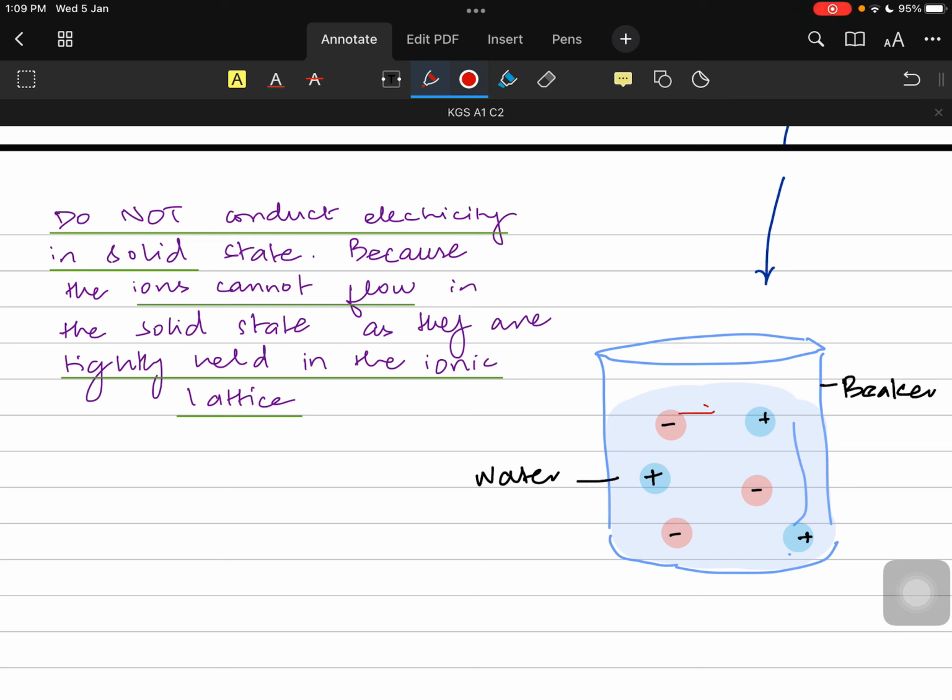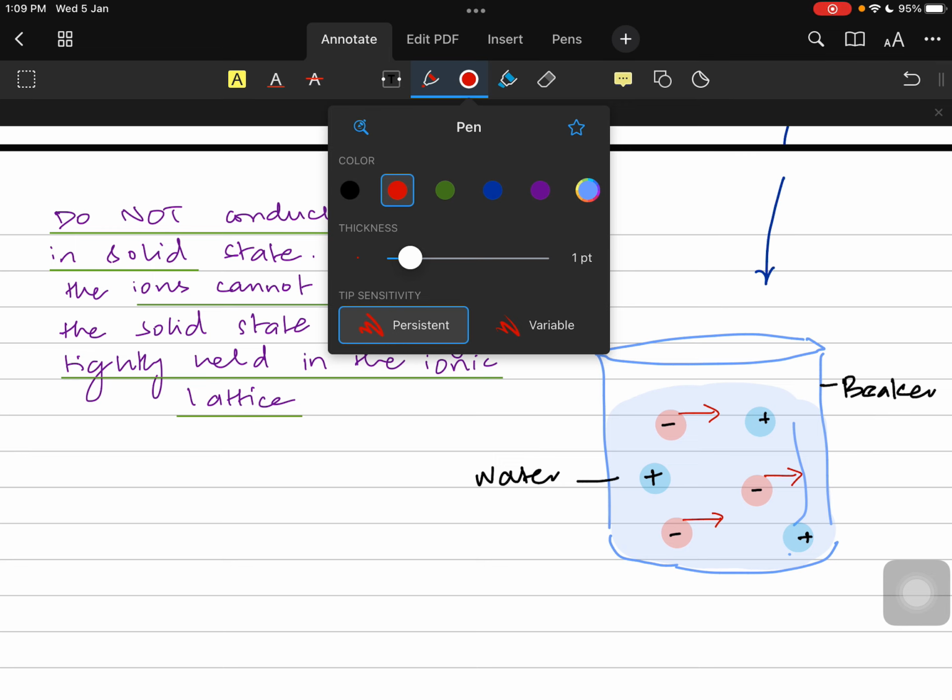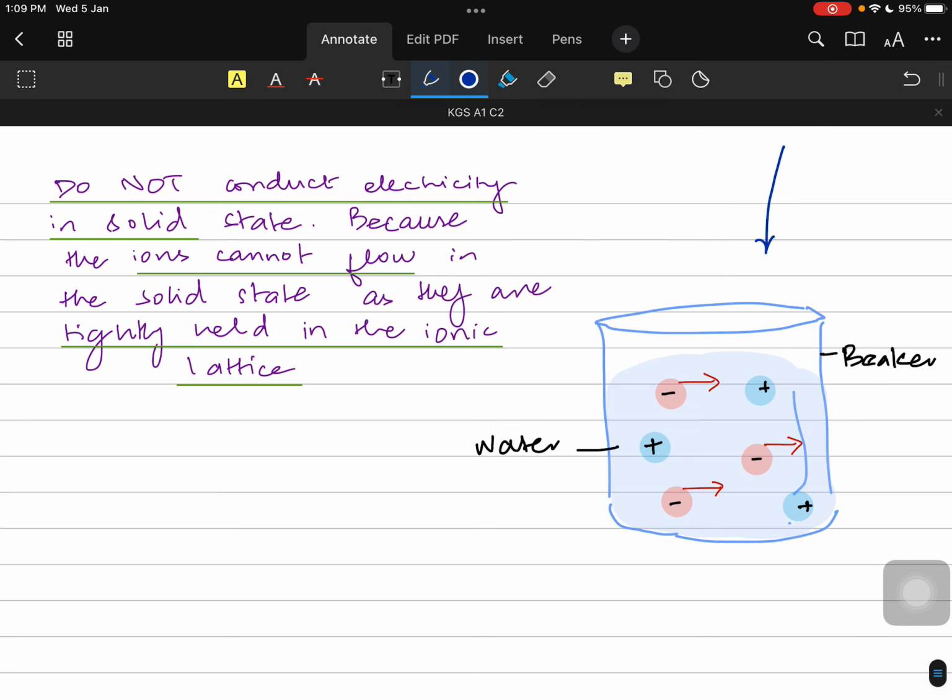They can move in any direction they want to move. And as a result, the ionic lattice is no more there. So they conduct electricity in the liquid state. Now liquid state can mean two things.